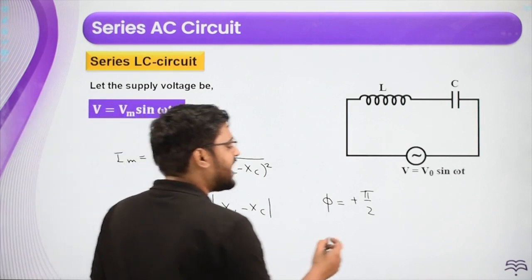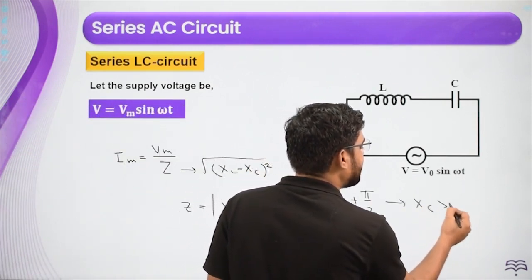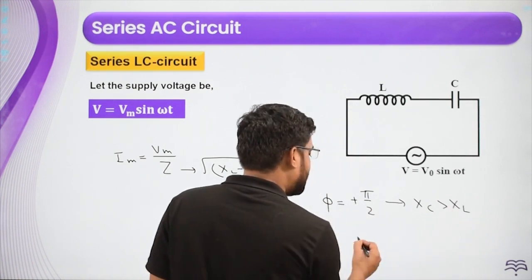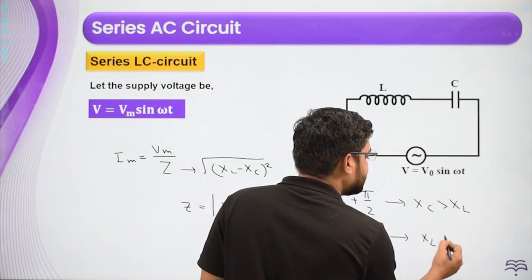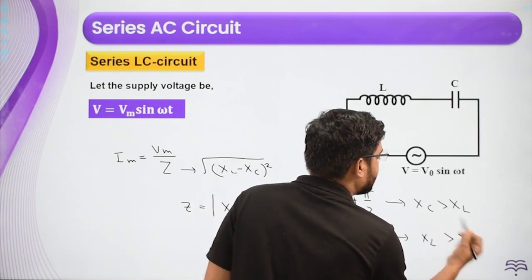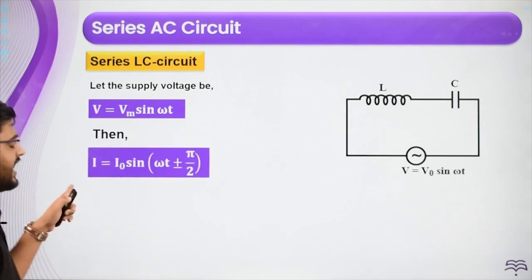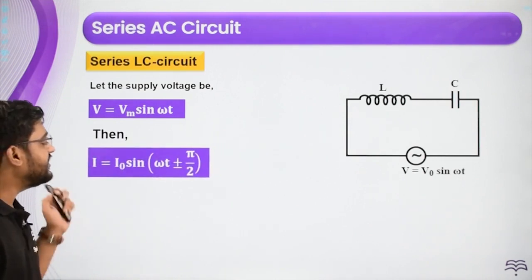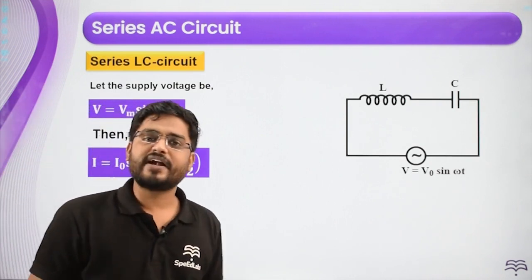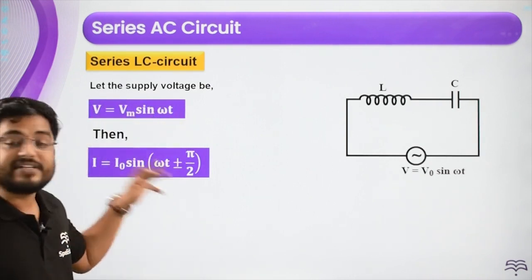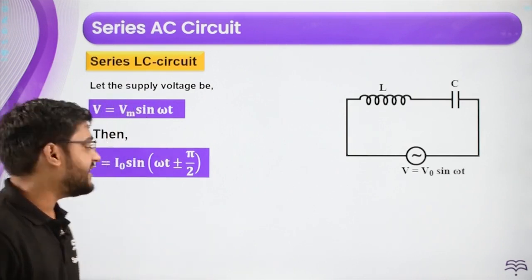So it is plus pi by 2 if XC is greater than XL, and at the same time it can be minus pi by 2 if XL is bigger than XC. So these are the cases. Now the I is Im or I naught into sine omega t plus minus pi by 2. We have discussed that plus pi by 2 when XC is bigger than XL, and minus pi by 2 when XL is bigger than XC.